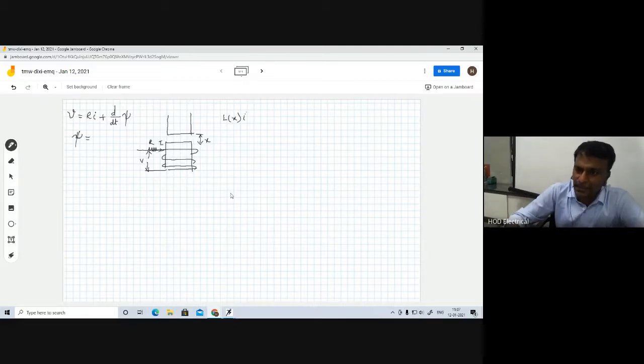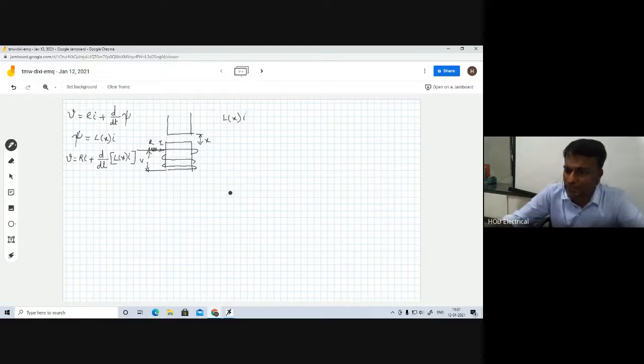The flux linkage psi can be written as L of x into I. So the equation is V equals R into I plus d by dt of L of x into I. L is a function of x.